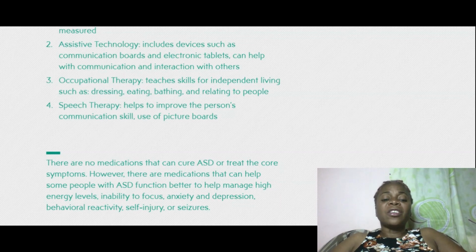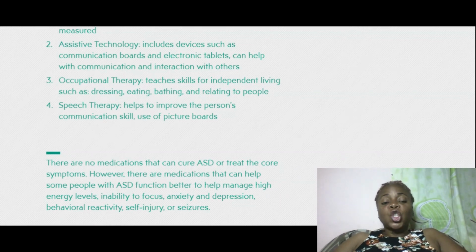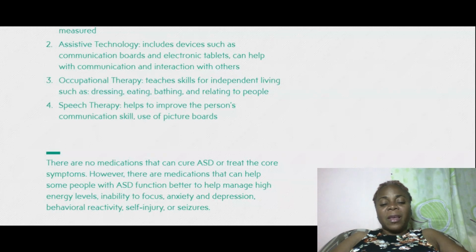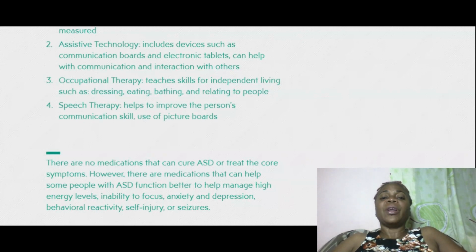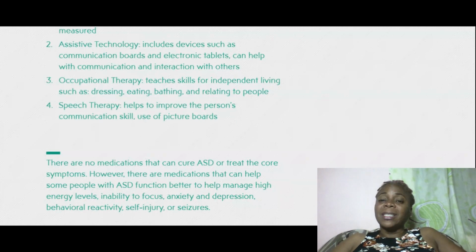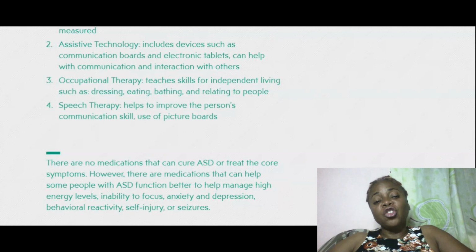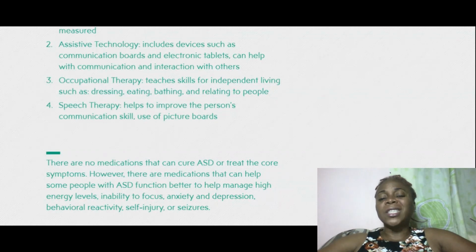However, there are medications that can help some persons with ASD function better, to help manage things like high energy levels. So if they have challenges with the energy level, you can give them medication to calm them. It can help with their inability to focus. It can help with anxiety and depression, behavior reactivity, and self-injurious behaviors or seizures.